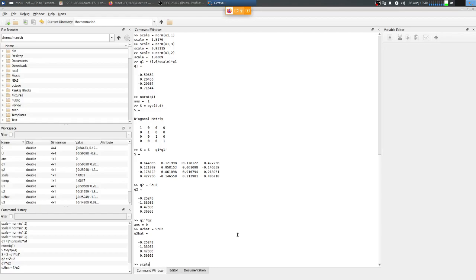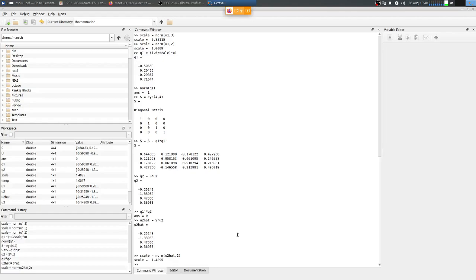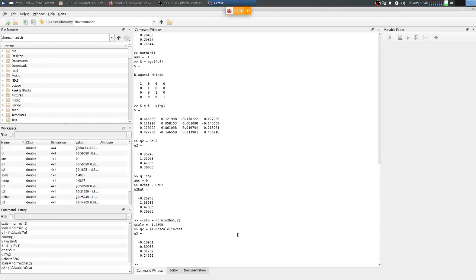Then I got confused with the name. So scale is the norm of u2 hat, second norm, and then I define q2 as 1.0 by scale multiplied by u2 hat. So this is q2, right?